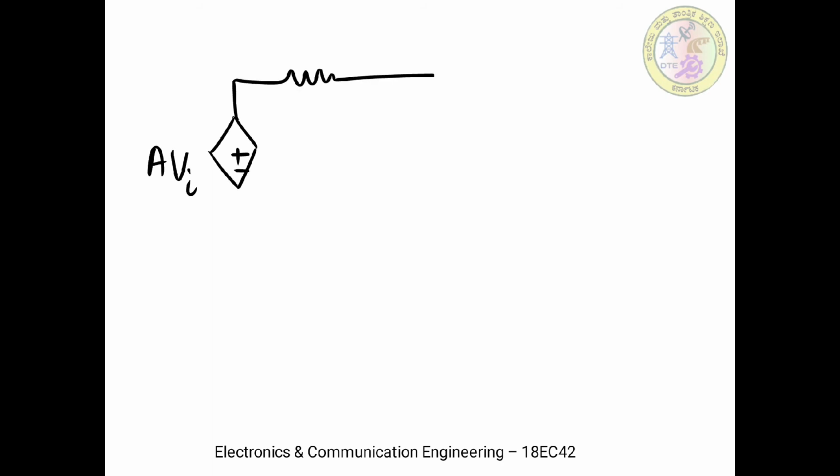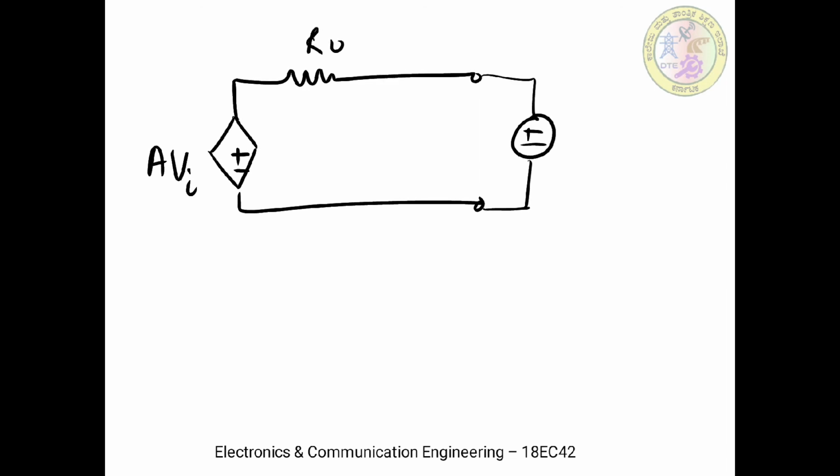So here what I have is a dependent source A into Vi, R0, and here a small test signal Vt is applied.